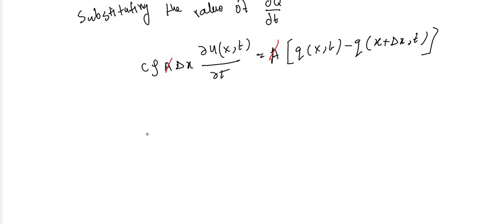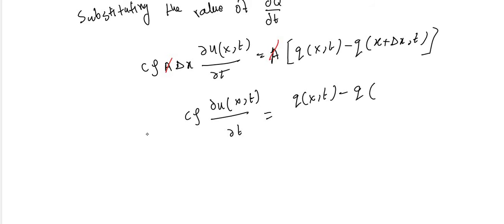The new equation will become c rho, and I am moving this delta x to the other side, so you will have delta u(x,t) divided by delta t, which is equal to q(x,t) minus q(x plus delta x, t), and this whole thing is now divided by delta x.